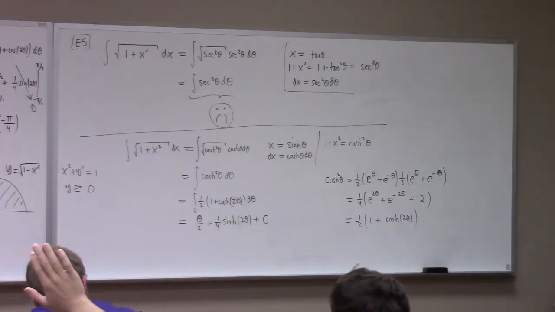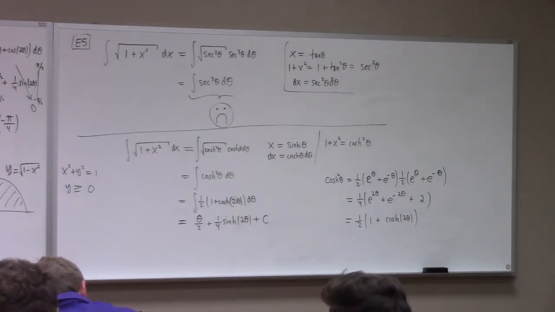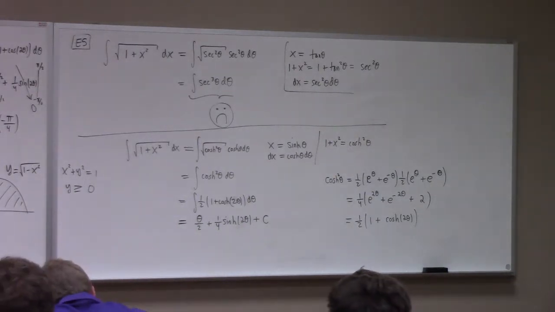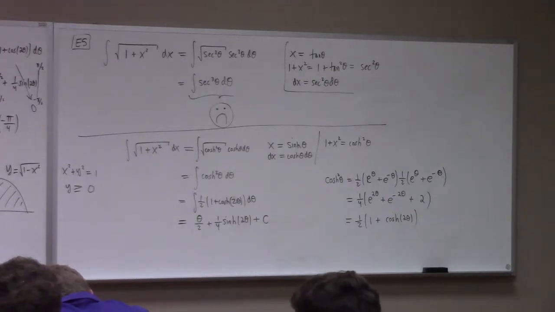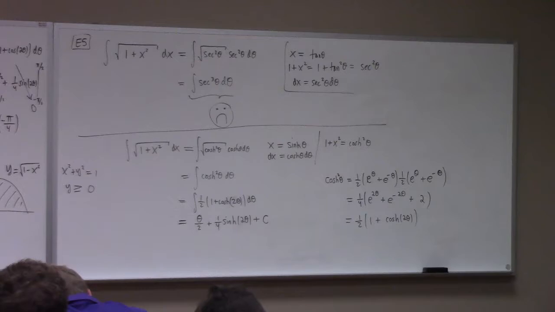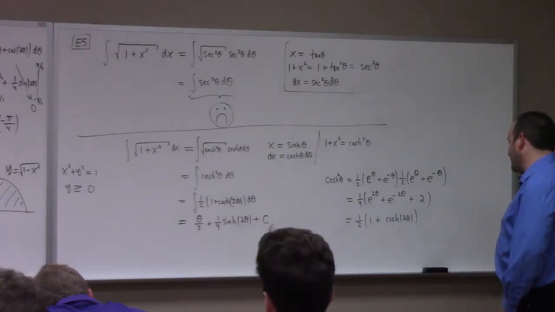So are there more hyperbolic identities that are just versions of trigonometric identities? Yes. Almost anything you know for trigonometry, there is a hyperbolic analog. There is an inverse cosh.